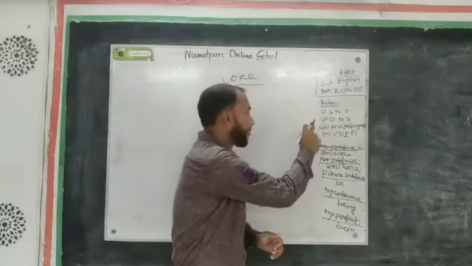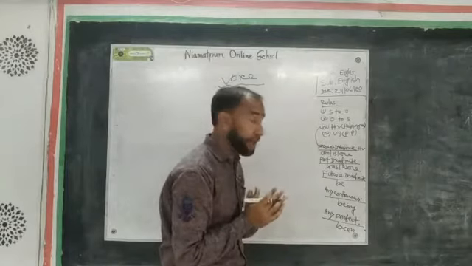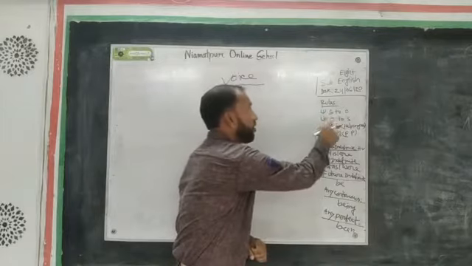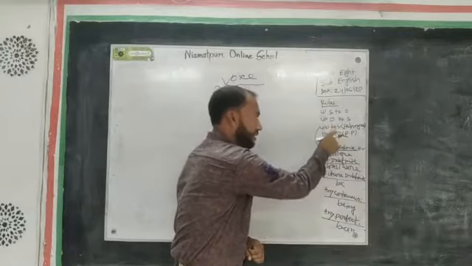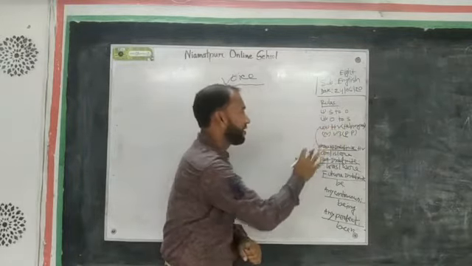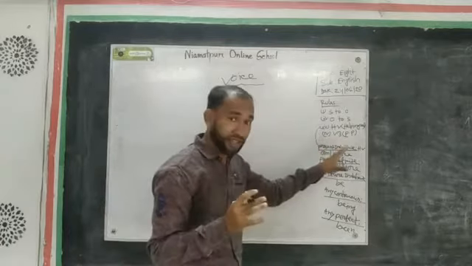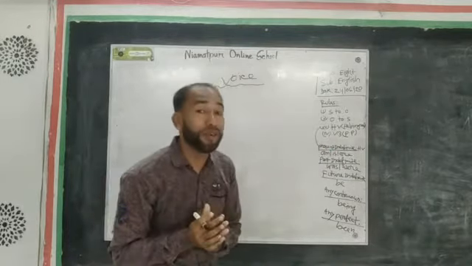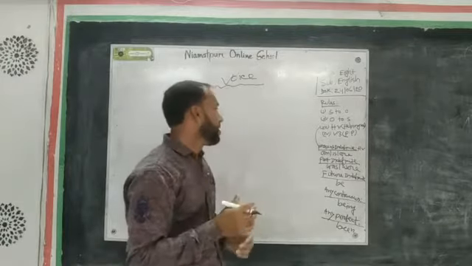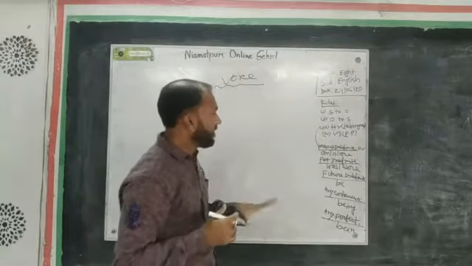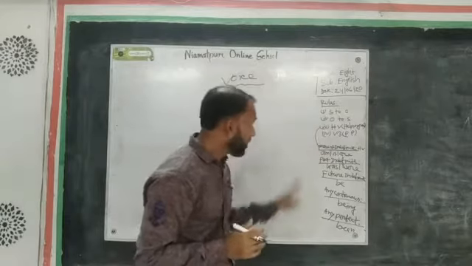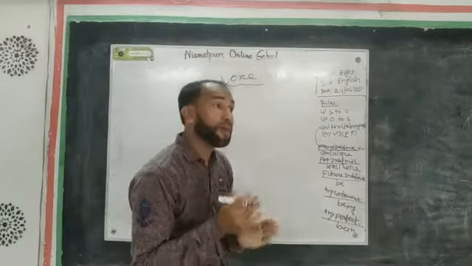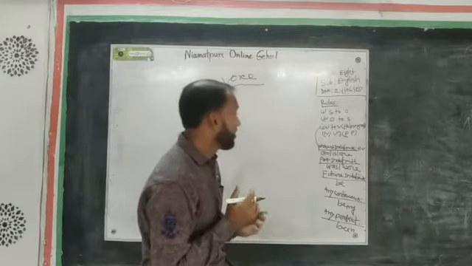Number one, this is very important from active to passive: subject to object, object to subject, auxiliary verb, and verb 3, that means past participle of the verb. This is common to all. Helping verbs are brought extra.